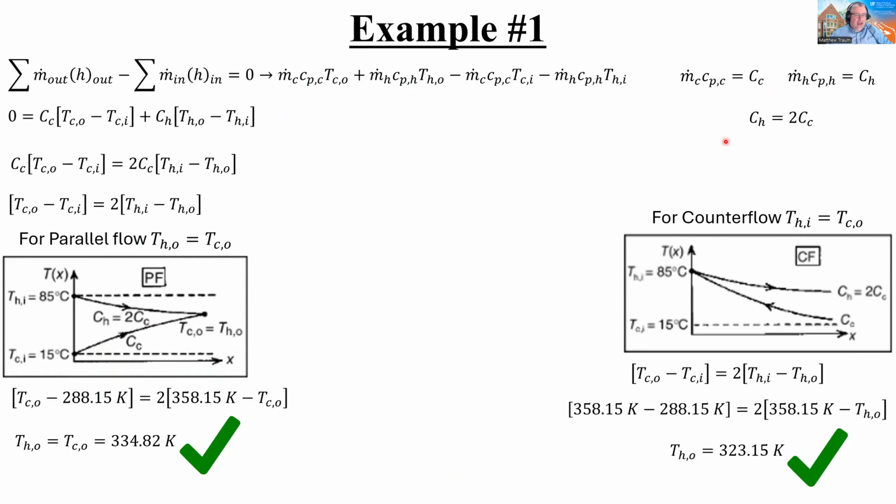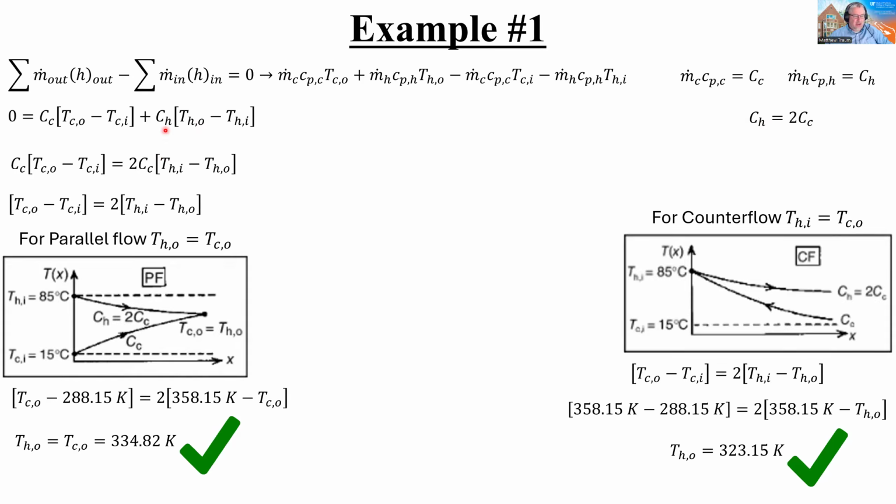Okay. And so now I'm just taking this equation and rewriting it this way to put it into my heat exchanger parlance. And then in the next step, I'm actually moving this guy to the other side of the equation, and in so doing, notice that I'm replacing C_H with 2C_C.